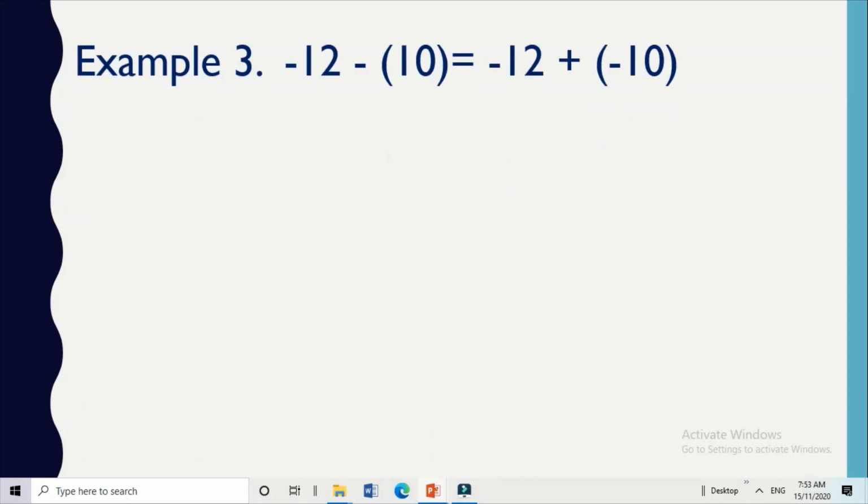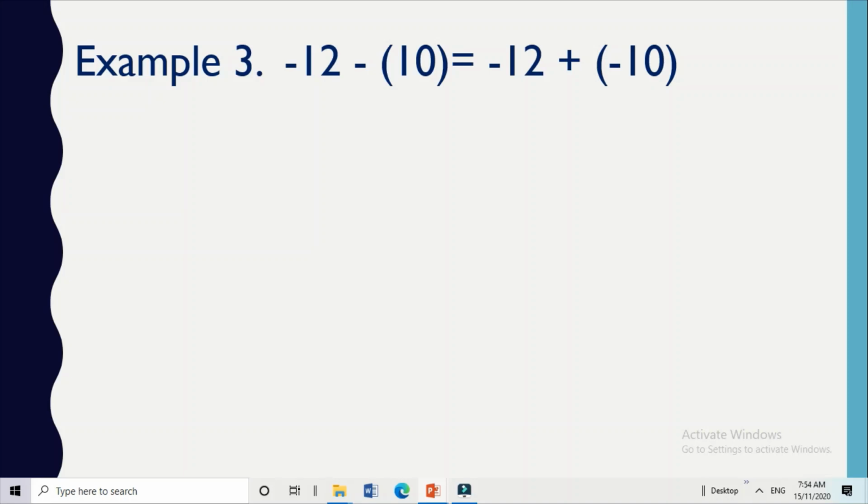Example number 3, negative 12 minus positive 10. Again, proceed to addition and change the sign of the subtrahend, which is positive 10. So therefore, it becomes negative 10. And then proceed to the rules of addition.